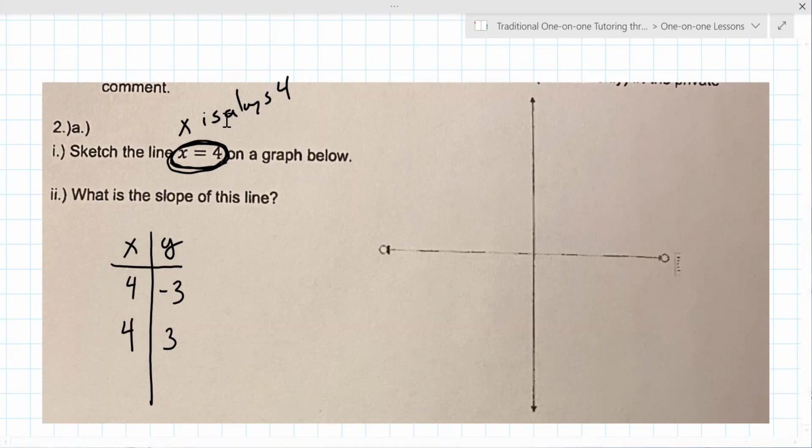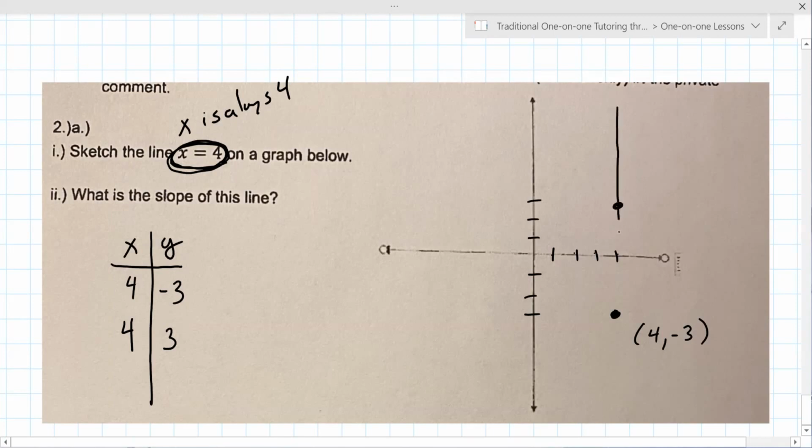Okay, so now we got to plot the 2 points. 4, 1, 2, 3, 4. 1, 2, 3. So 4, -3 is there. That's the first point. Now let's plot the other point. 4, 3. 4, 1, 2, 3, 4. 1, 2, 3.